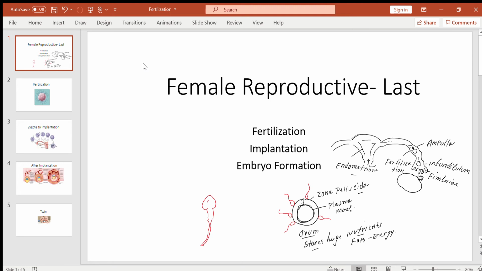So head has the nucleus that has the chromosomes and number, haploid, right? And this is the covering of the head, like, you know, covering of the head of the sperm. This is called acrosome.